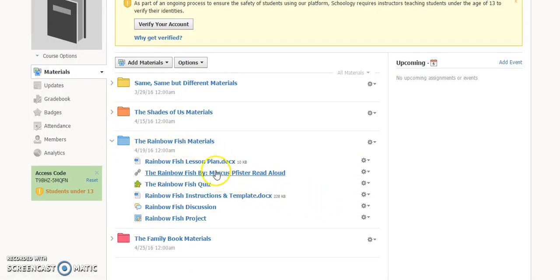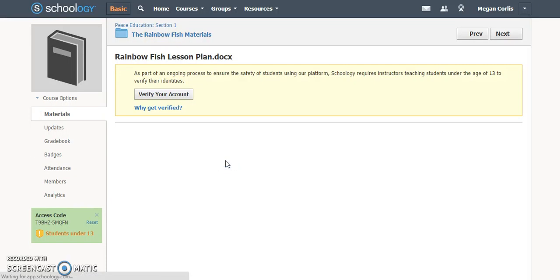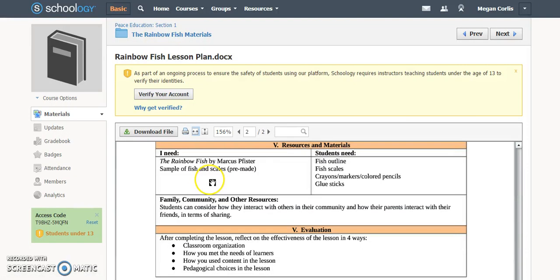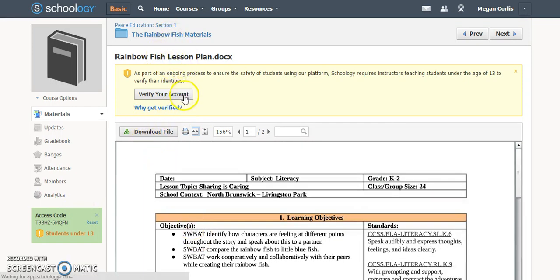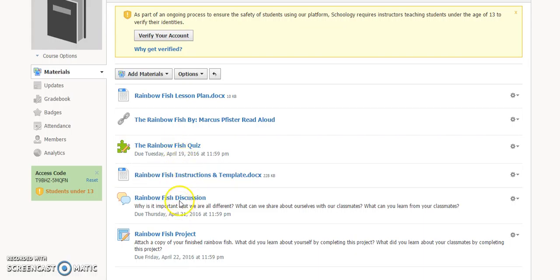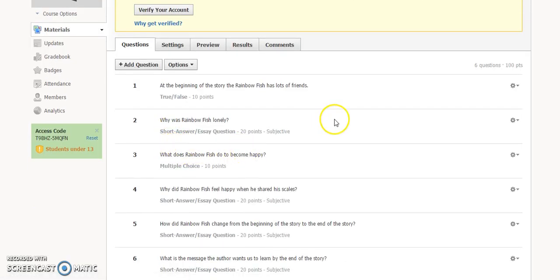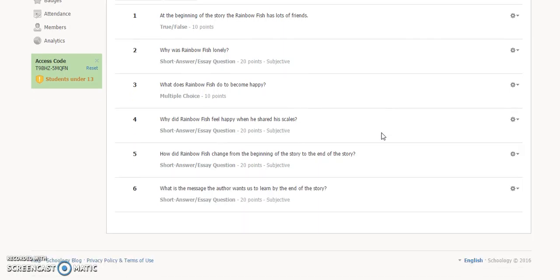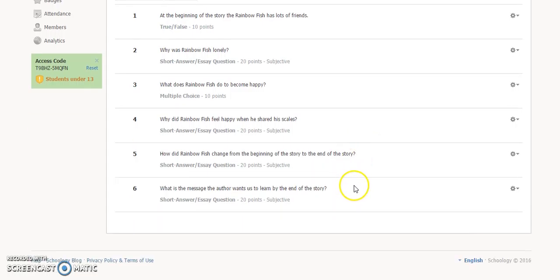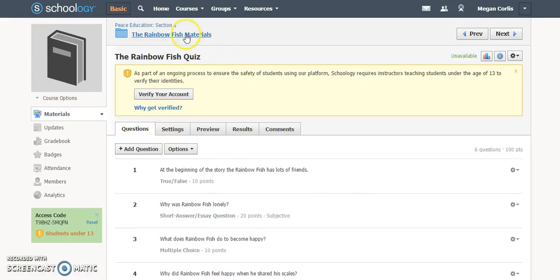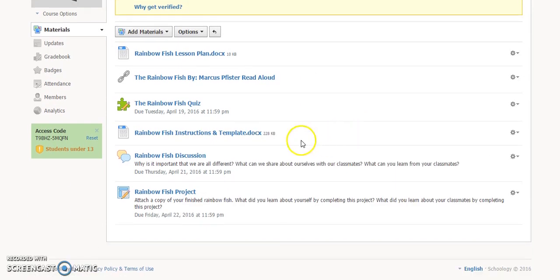Under the Rainbow Fish materials, I included a lesson plan. I also included a quiz, which you could have your students take at home, or they could take it in the classroom as well. And I also included a variety of different question types, such as true, false, short answer, and multiple choice, to benefit different types of students.